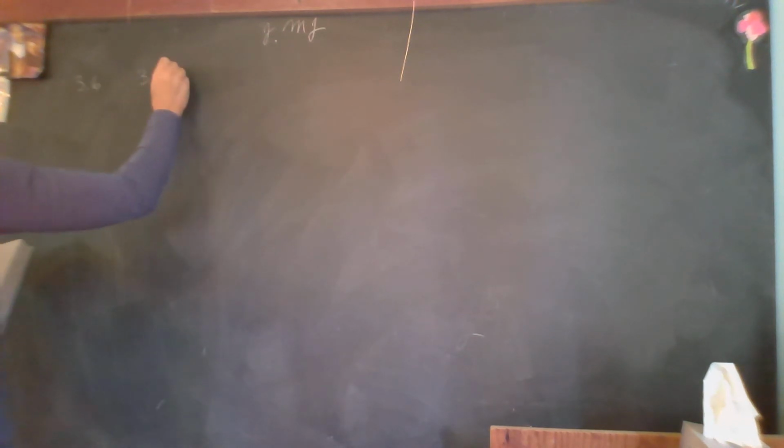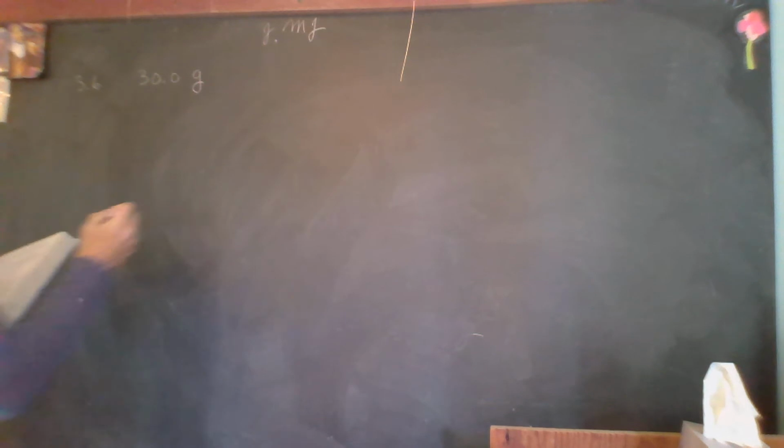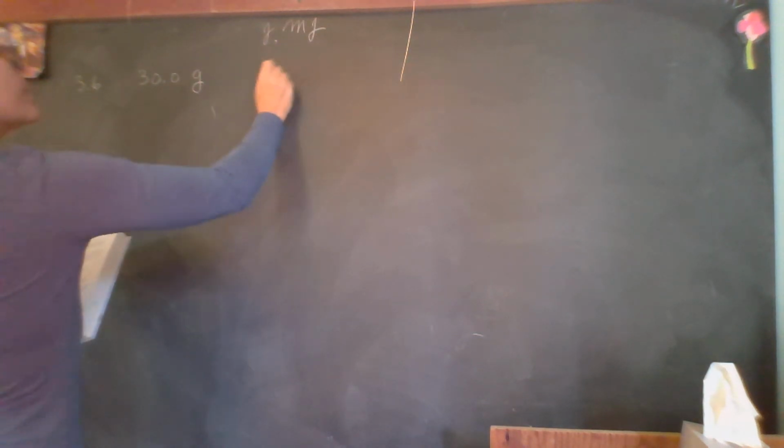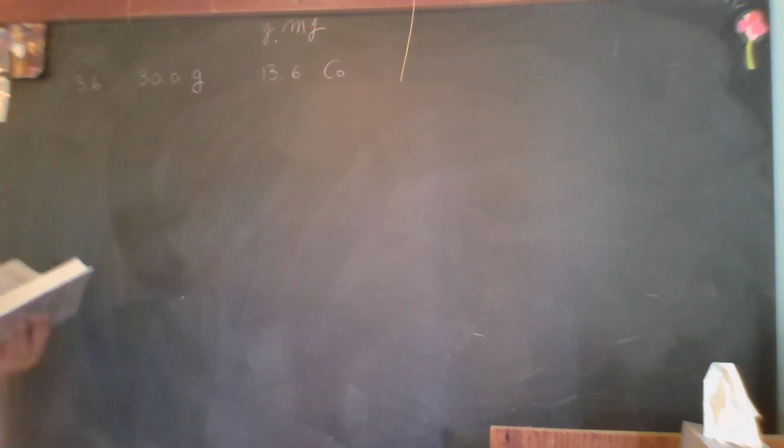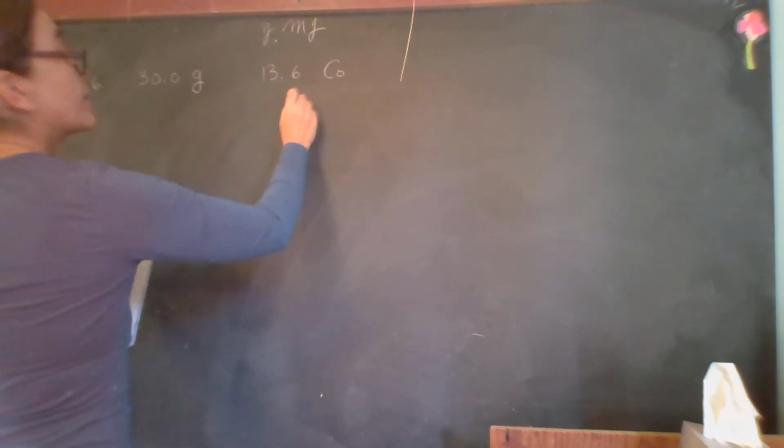Okay, 3.6 says, a chemist decomposes 30.0 grams of a purple powder into 13.6 grams of the element cobalt and an unmeasured amount of chlorine gas.